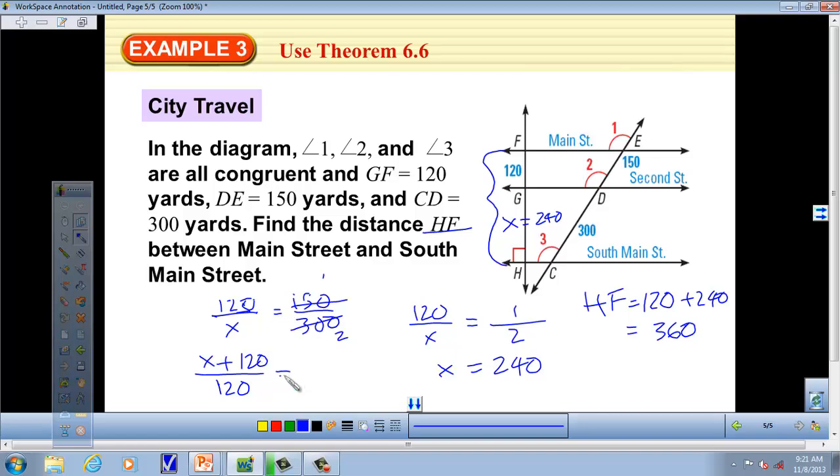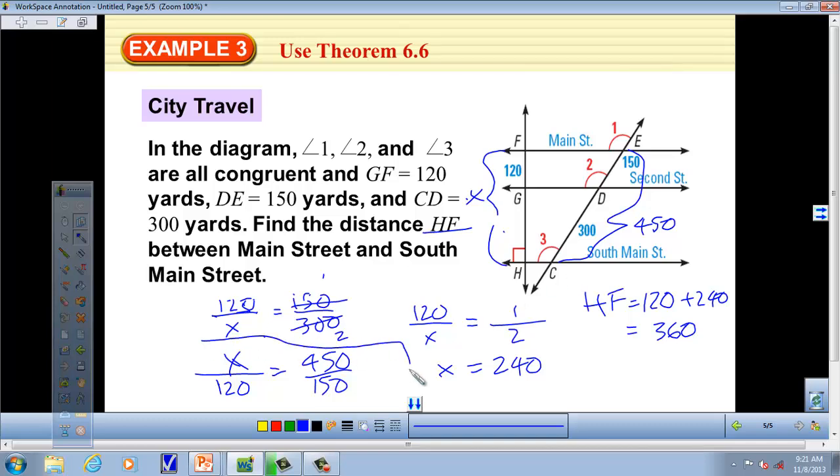Actually, let's call the whole thing X. Then I could say X over 120 equals, where the whole thing is 450, 450 over 150, because we want the 120 and 150 to match, and then the whole thing and the whole thing to match.